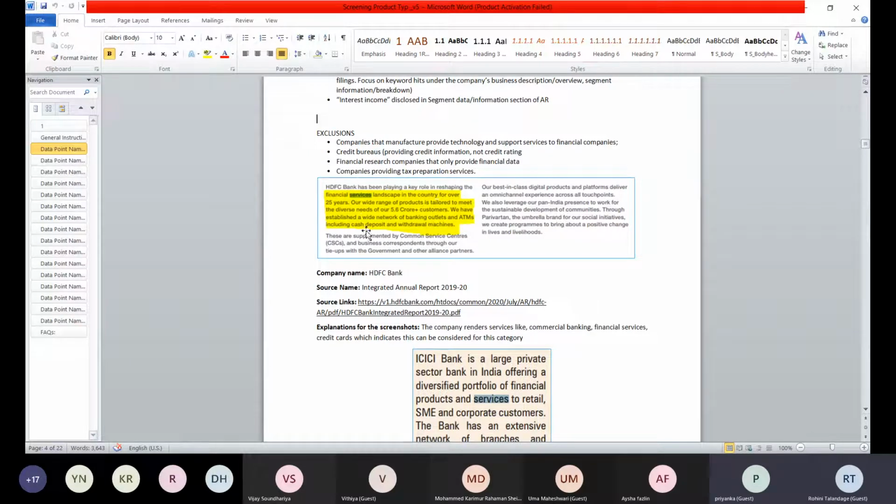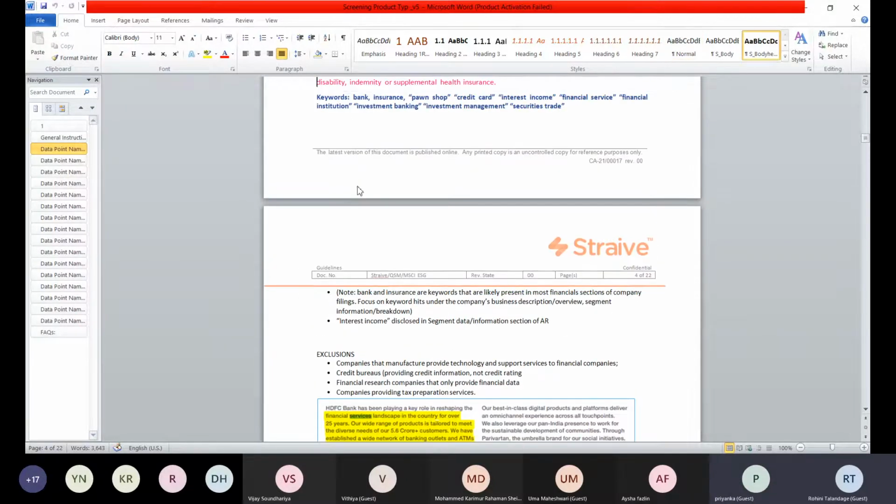Now, for the not reported case, we have so many keywords, right? Like bank, insurance, credit, pawn shop, credit card, interest income. If you are not getting any result after searching all these keywords, you can mark not reported.